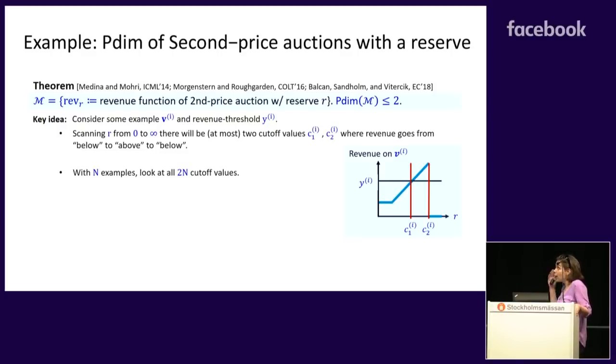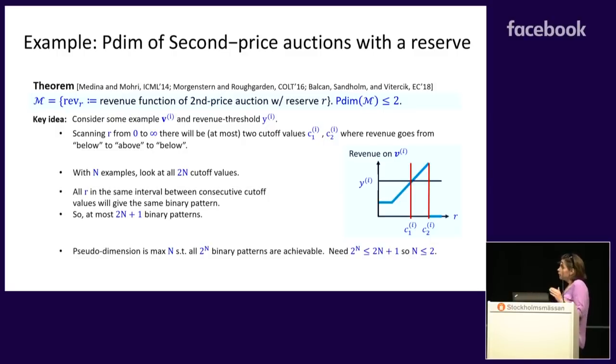If we have n samples, we'll have 2n cutoff values, 1 for each sample. The key insight is that all reserve prices in the same interval between 2 consecutive cutoff values will give the same above or below pattern with respect to our n samples.